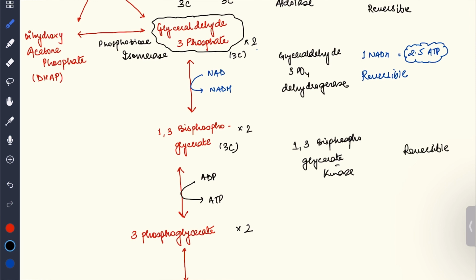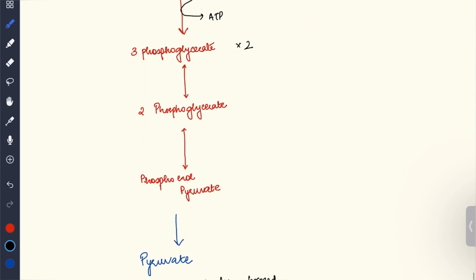Till now we have done two irreversible steps: glucose to glucose 6 phosphate and fructose 6 phosphate to fructose 1,6 bisphosphate. Now I have two molecules of 3 phosphoglycerate and it will convert by shifting the phosphate from the third carbon to the second carbon.